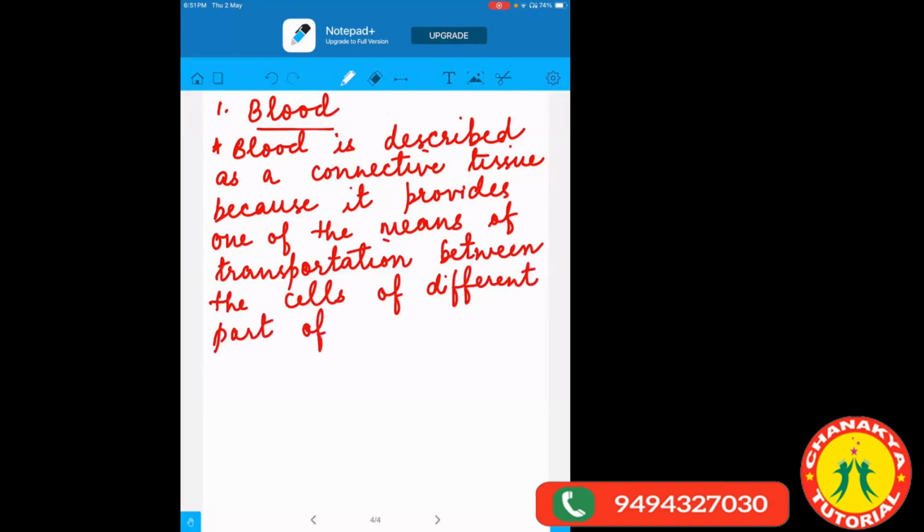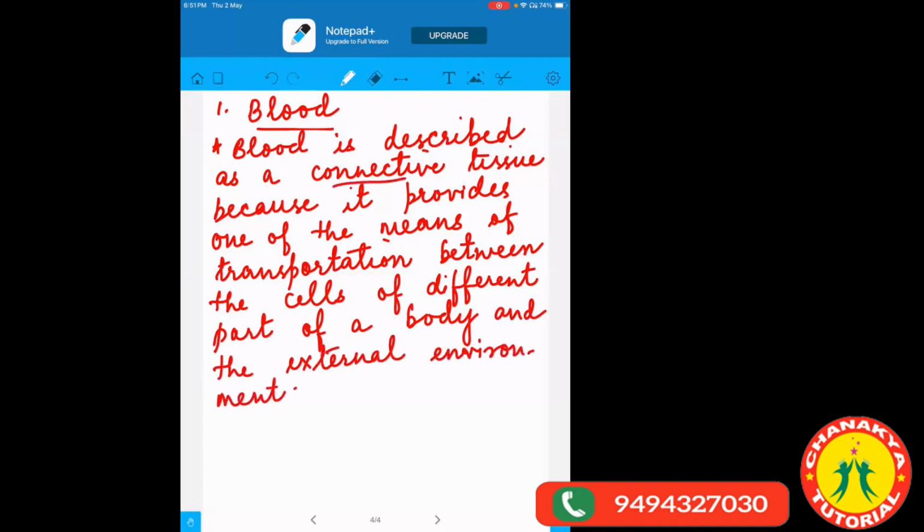A connection is provided between the different cells of the body and the external environment. Hence that is the reason it is called the connective tissue.